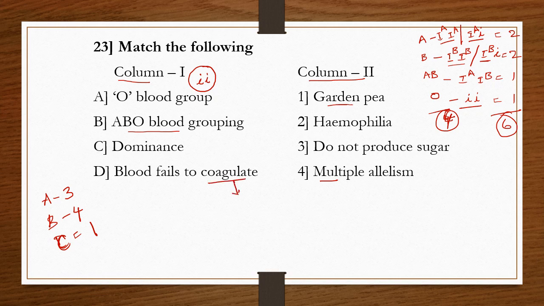Coagulate means clotting, becoming solid. So blood fails to clot during hemophilia. So that's why D is 2. Based on this, the correct option for this question is 2.